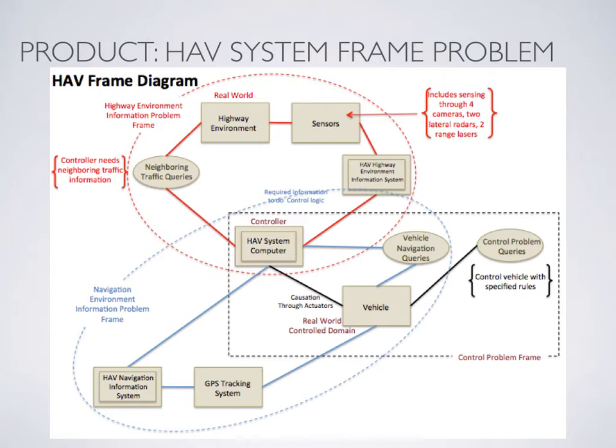So we have the navigation environment as well as the highway environment. This is where the traffic, all the objects are. And the navigation environment is kind of the communication between the satellite and the GPS tracker to provide the necessary information to the controller or the main system computer.